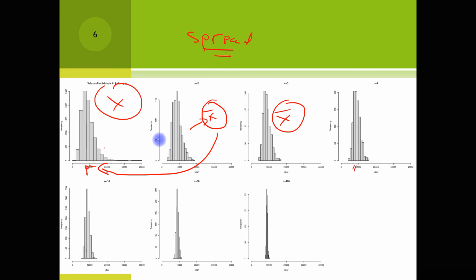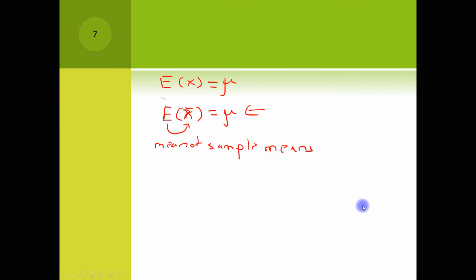We discussed that the spread decreases as the sample size keeps on increasing. As the sample size increases, the spread decreases. So we are going to formalize that in the next slide: the spread decreases as the sample size increases.